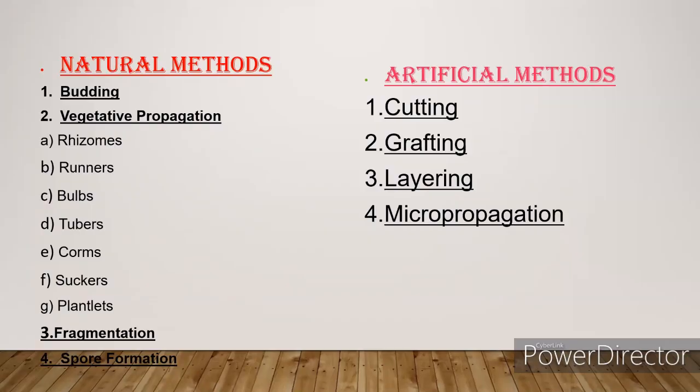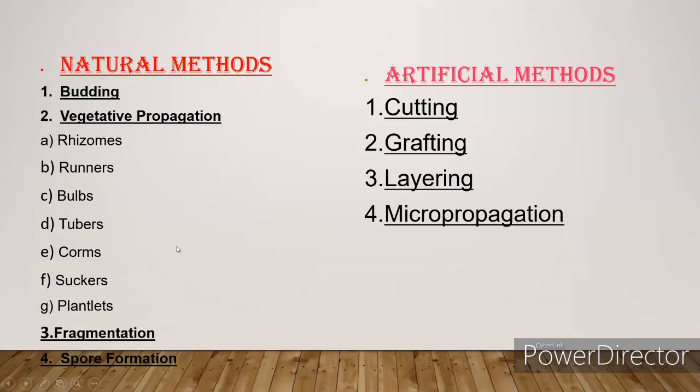And these modified stems are most often the source of vegetative plant propagation. Vegetative plant structures that arise from the plant stem include rhizomes, runners, bulbs, tubers, and corms. Tubers can also stretch from the roots. Plantlets emerge from the plant leaves. These are the types of natural method.